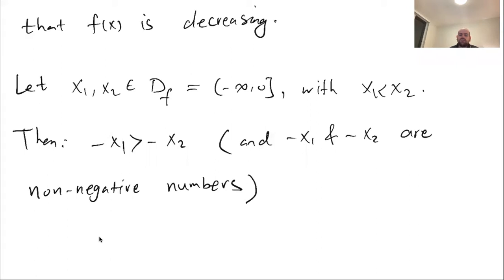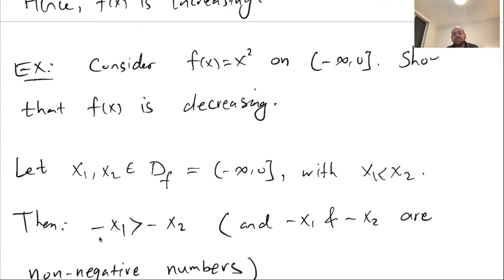Okay, so the trick here is, yes, I want to raise both sides to power 2, but x1 and x2 are chosen from the domain which is assumed in the question to be the set of negative numbers. So right now I'm not allowed to raise the inequality both sides to power 2. But if first I multiply both sides with a negative number, then first of all, multiplying with a negative number flips the inequality.